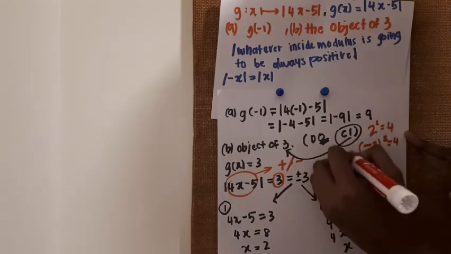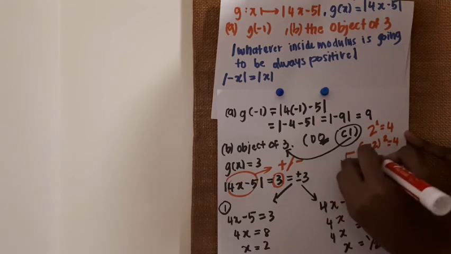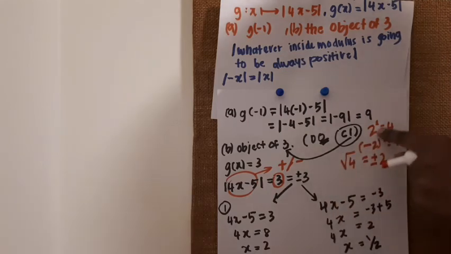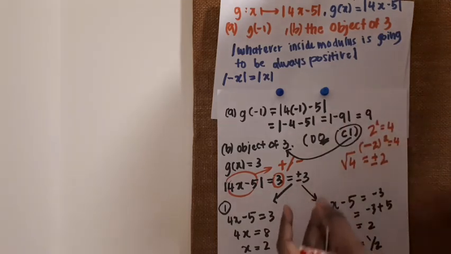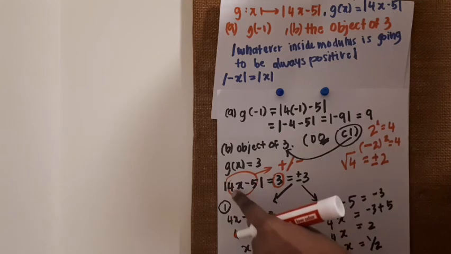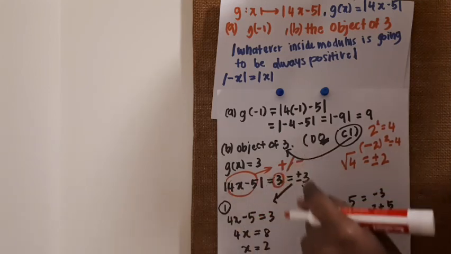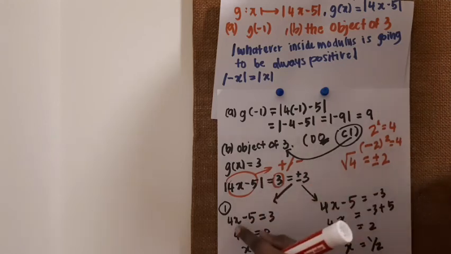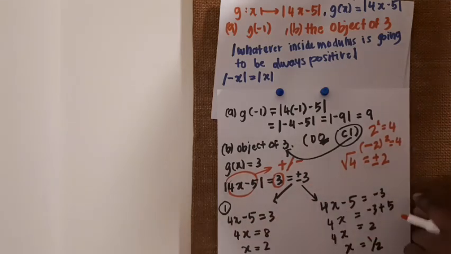So when you do the square root of 4, you will always get positive or negative 2, because both give the same value. This 4x minus 5 equals 3 can give you a positive 3 or negative 3.